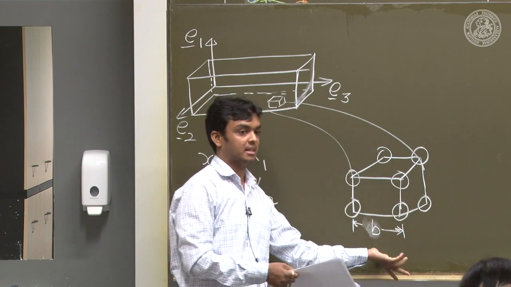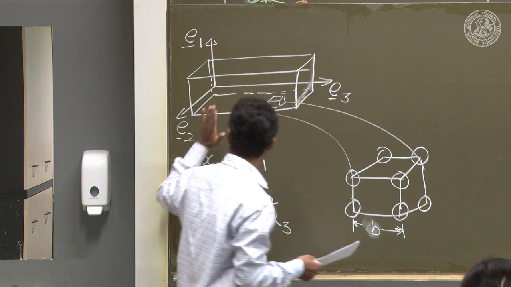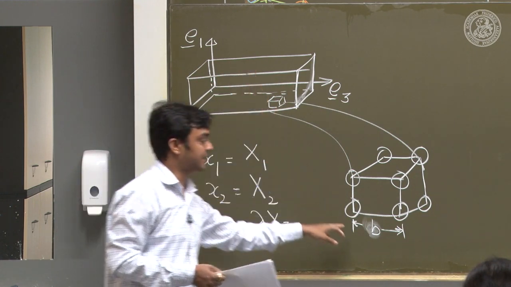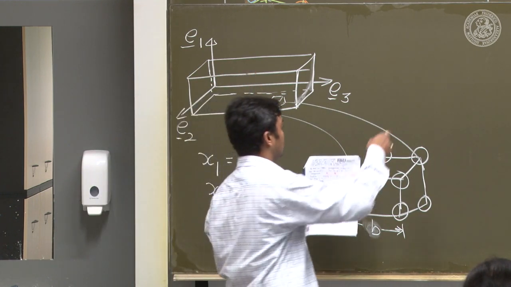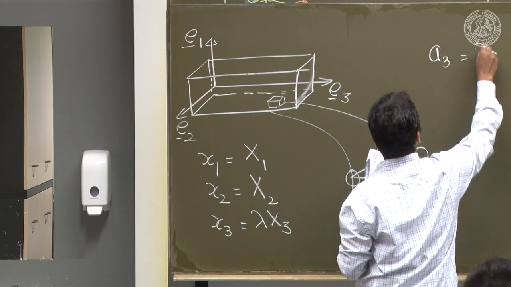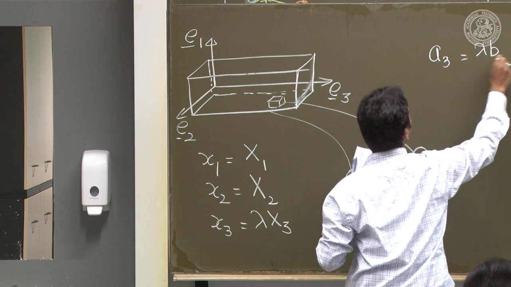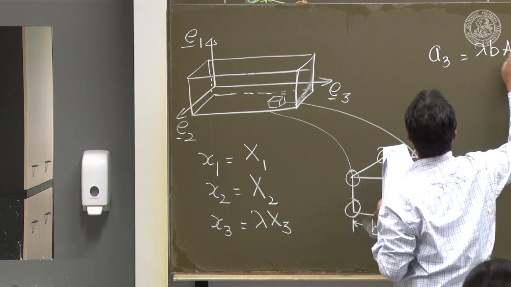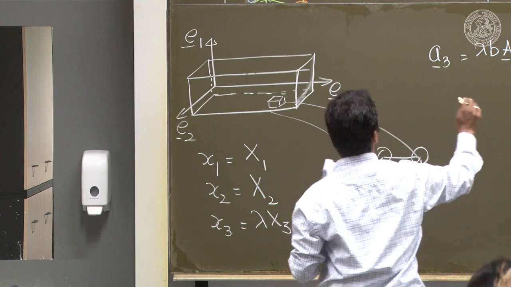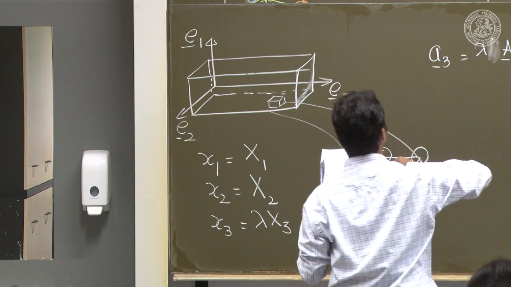Lambda B. Exactly. So you see that the map you applied at the continuum level is valid there as well. Therefore, A3 becomes lambda times A3.